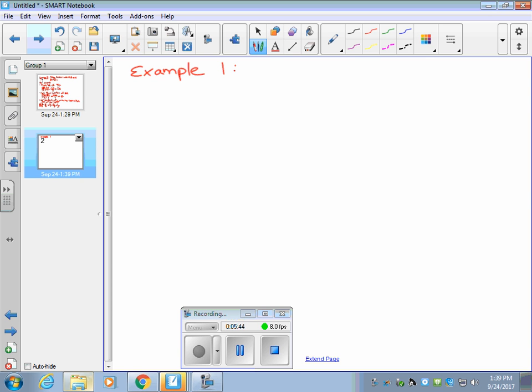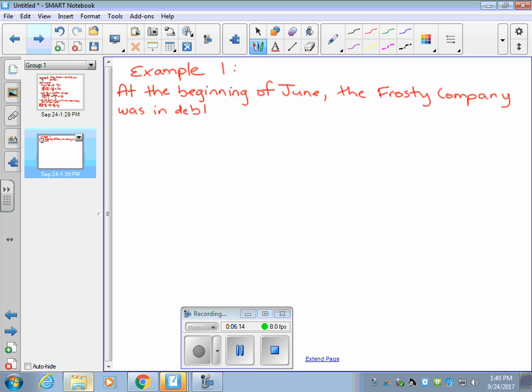At the beginning of June, the Frosty Company was in debt $235.46.